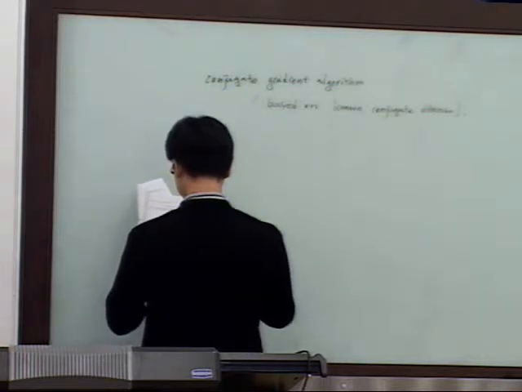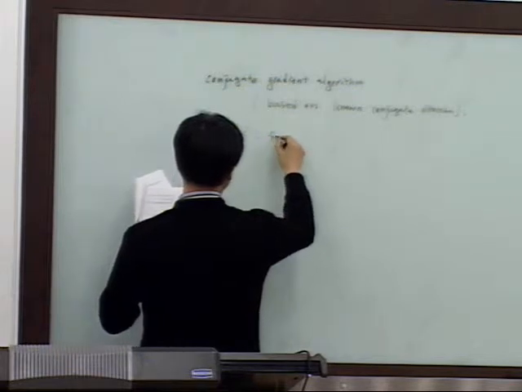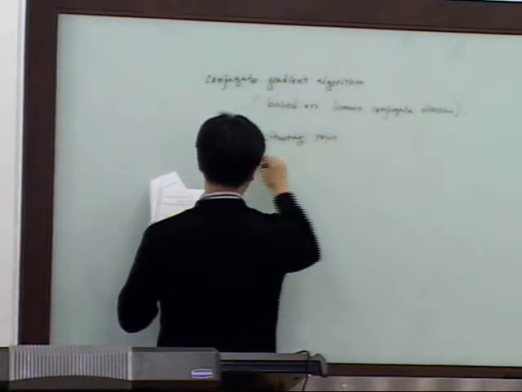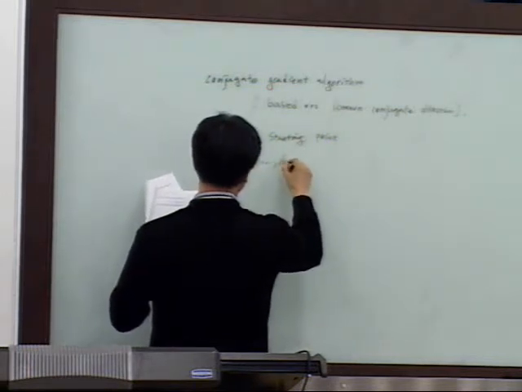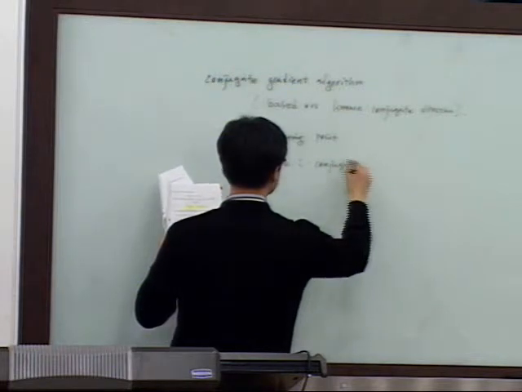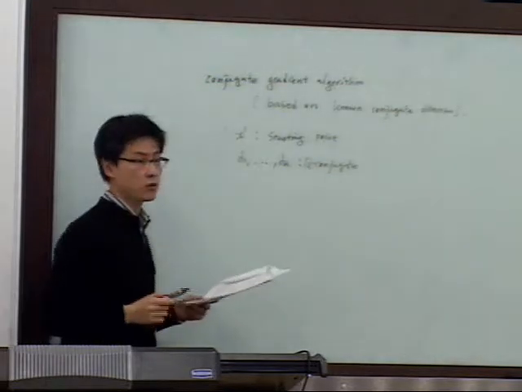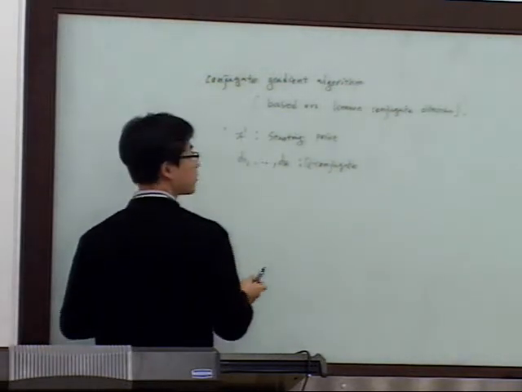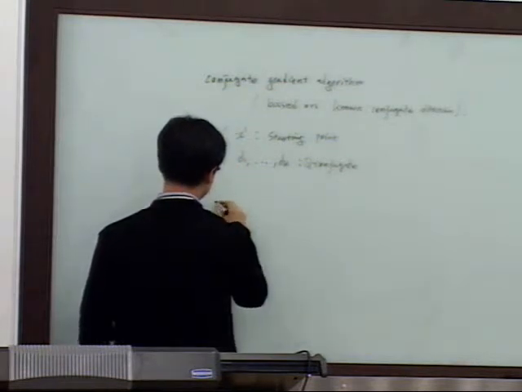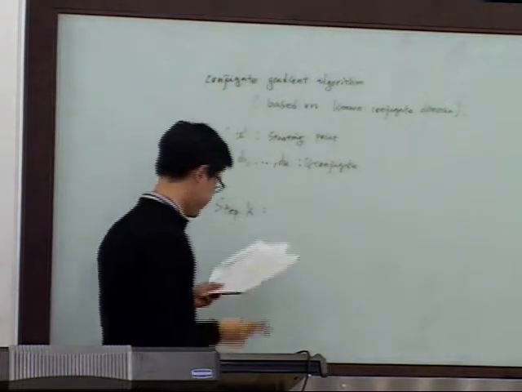Let's say x1 is the starting point, and e1 to ek are Q-conjugate. We assume that we already know these. And the algorithm for this conjugate gradient is very simple.